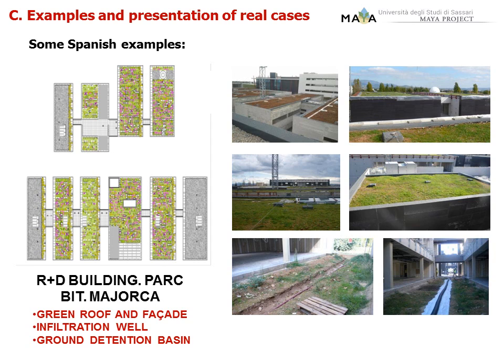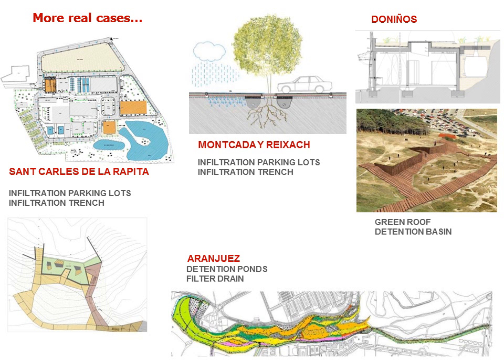Some examples of real cases, most of them from the Spanish territory, are the Parvic in Majorca Island, where there is a green roof and facade with infiltration well and ground detention basin. Some architectonic designs in Catalonia have infiltration parking lots and infiltration trenches.